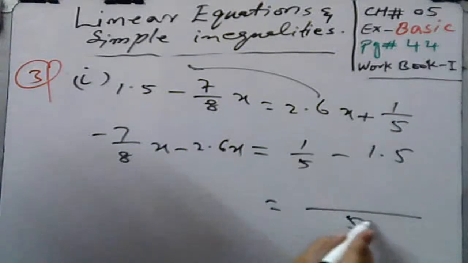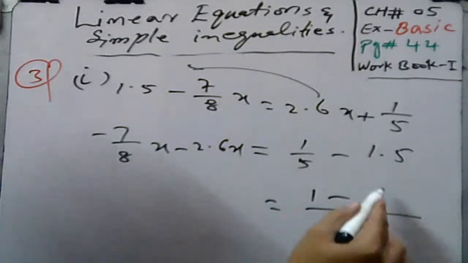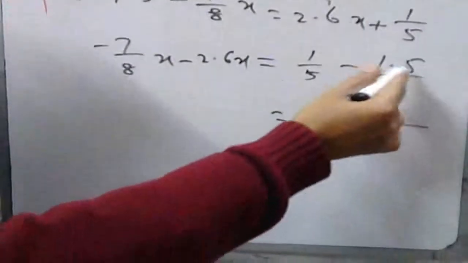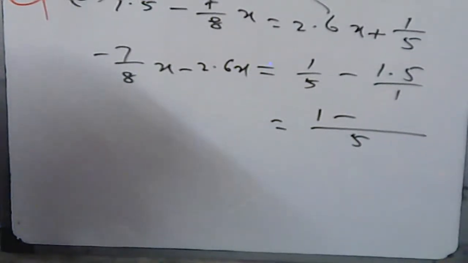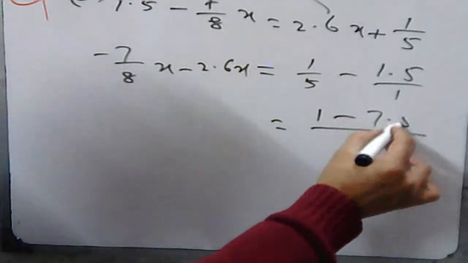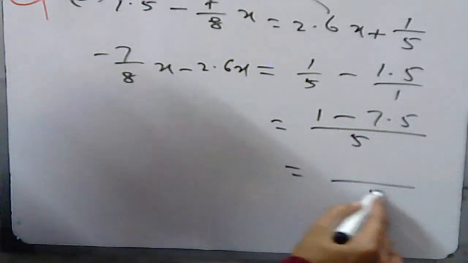5 is your LCM for the constants, so 1 minus 5 multiplied by 1.5, you will get 7.5, so the value is minus 6.5, the greater value.